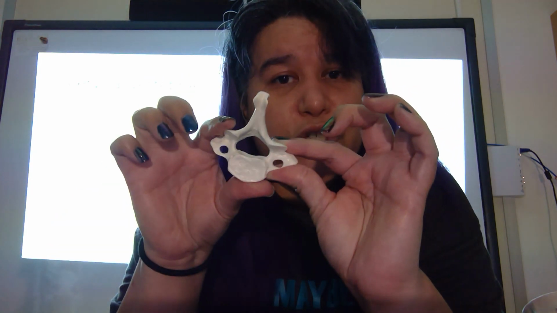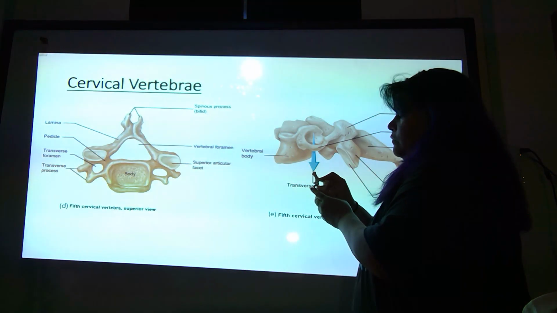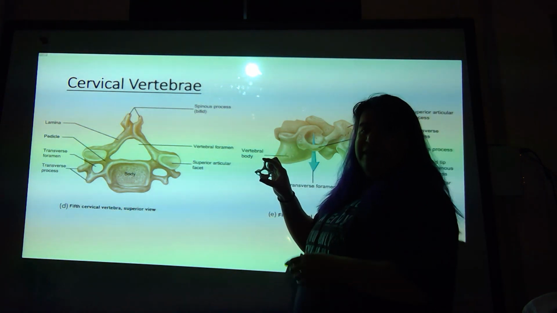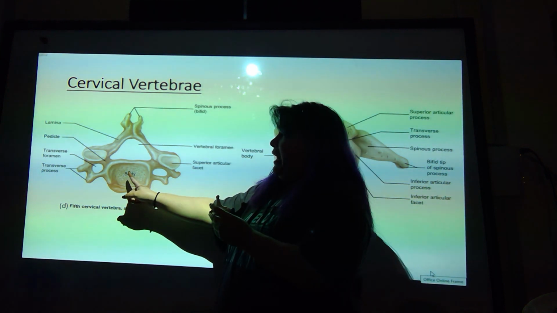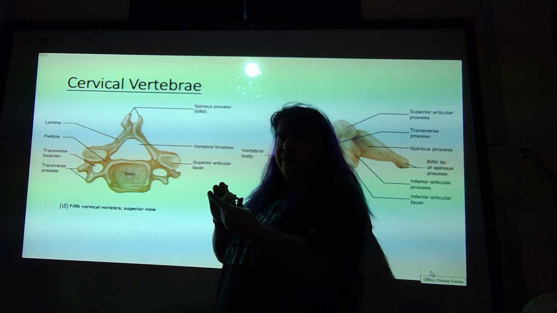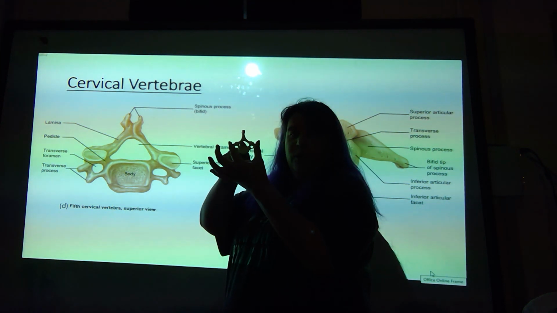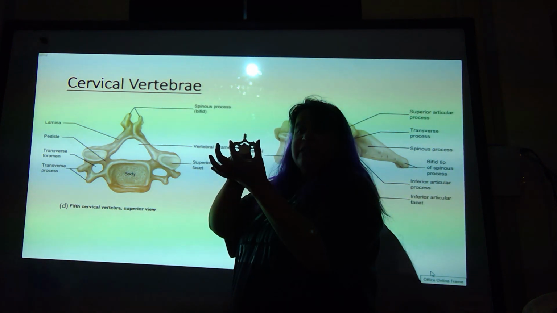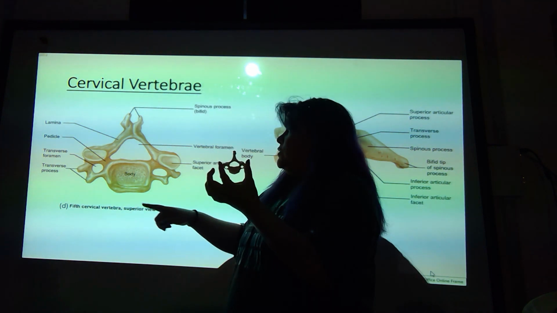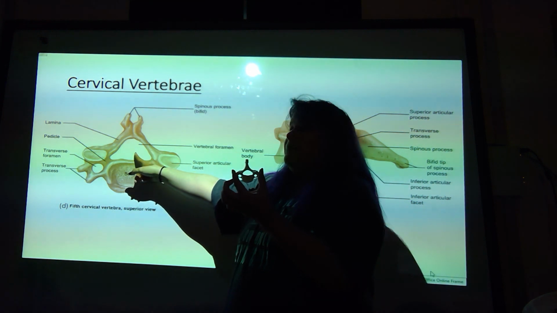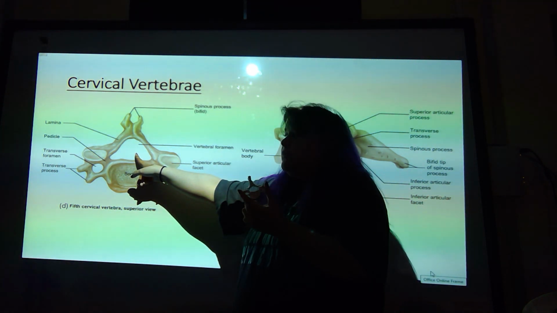So I know for sure with this information and this information, this is a cervical vertebra. 100% positive of it. So when you look at this, the body is the solid part in the back. This hole that you can see is going to be where the spinal cord goes. So you've got the vertebral foramen, the vertebral hole, okay?